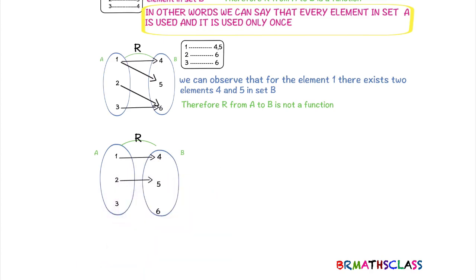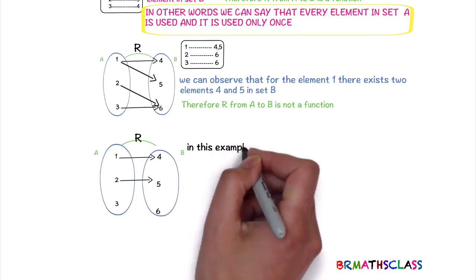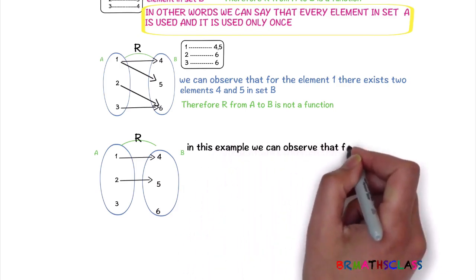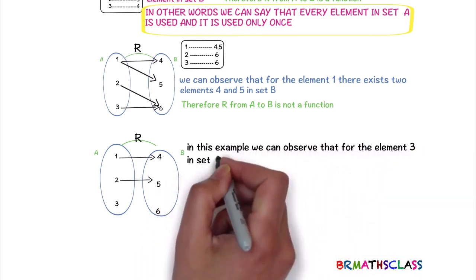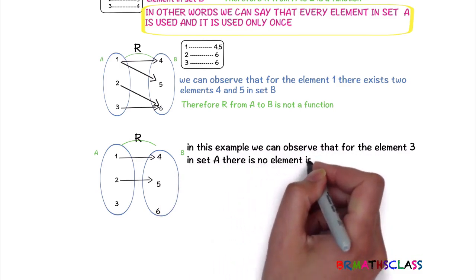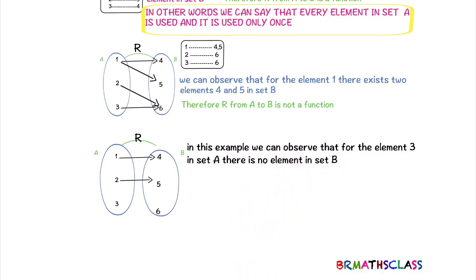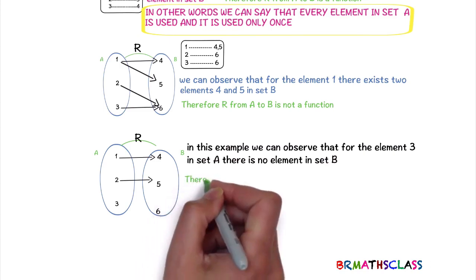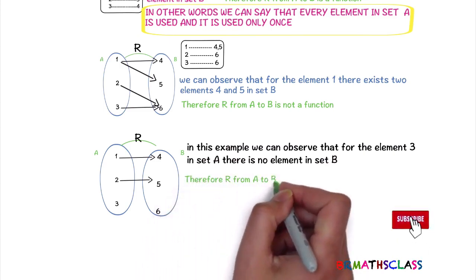You observe here in this example, for the element 3, there is no element in set B. That means every element in set A is not used. Because of this reason, we can say that R is not a function from A to B.